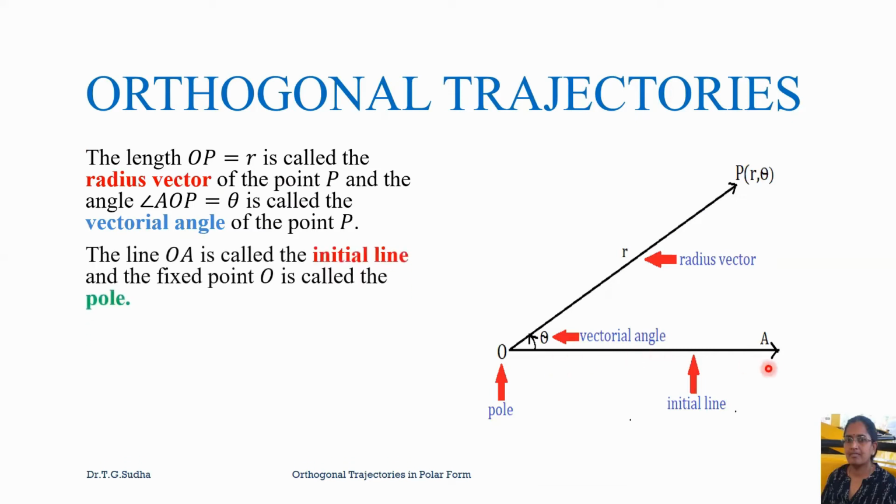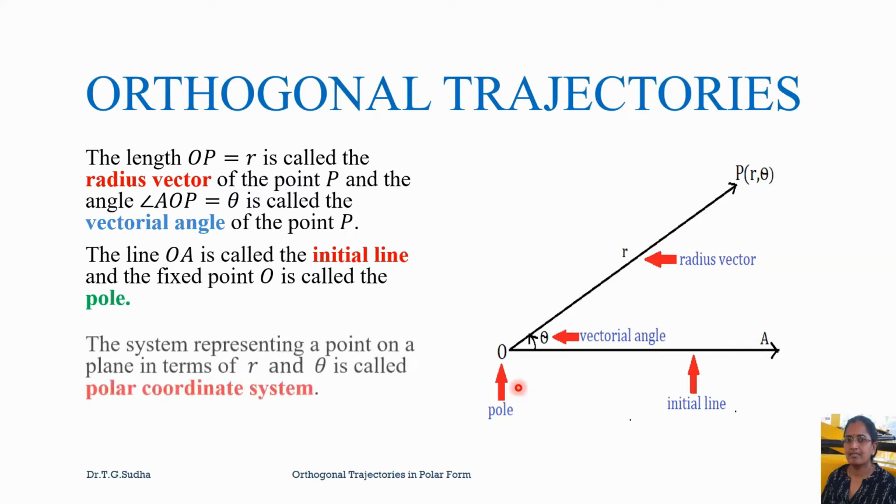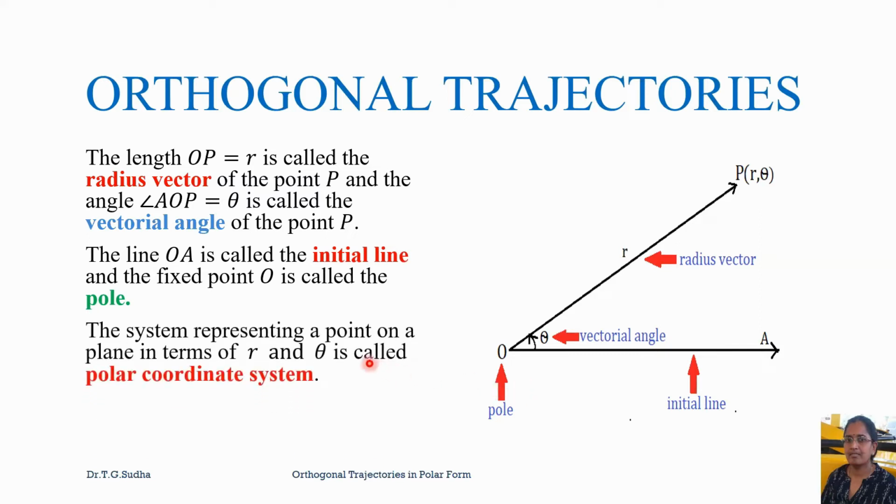The line OA is called the initial line, and the fixed point O is called the pole. The system representing a point on a plane in terms of r and theta is called the polar coordinate system. The pair r, theta is called the polar coordinates of the point P.